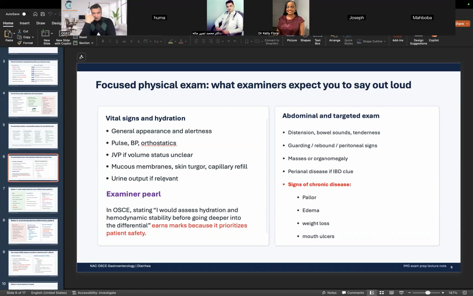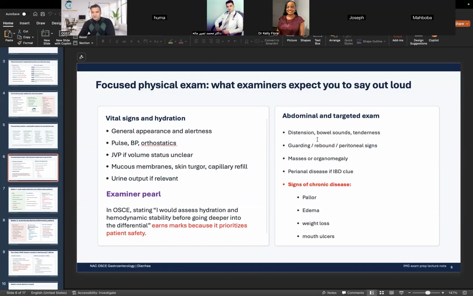After inspection, you do the auscultation. As opposed to the chest, where you do the inspection, then palpation, percussion, and at the end the auscultation. But in the abdomen, after inspection, you do the auscultation, and after auscultation you do the palpation, percussion, and so on.